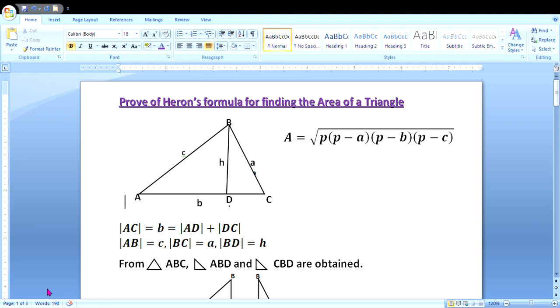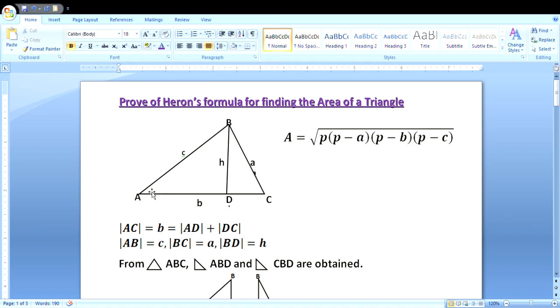If you can see from here, we have a triangle ABC, and what we're going to show is that A is equal to the square root of P(P minus a)(P minus b)(P minus c). We're going to show that the area of a triangle without the height being given is equivalent to this.